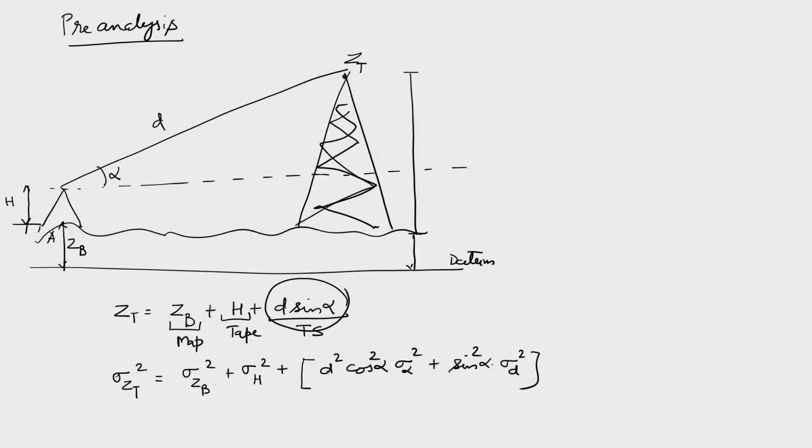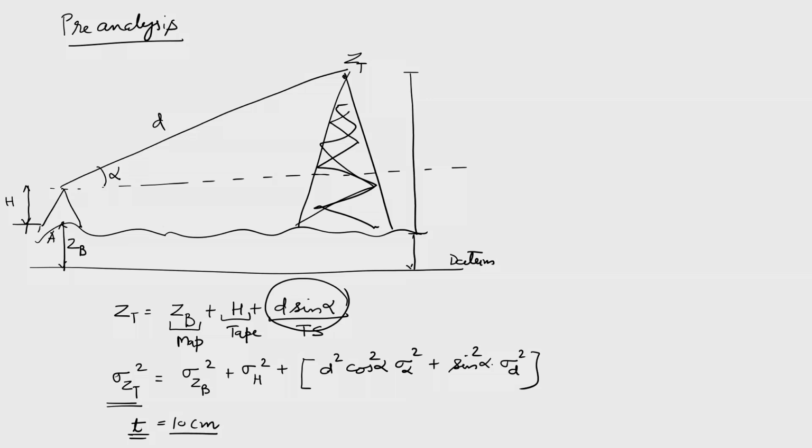Now you see three sources are contributing to the error propagating to the height of the tower with respect to some datum. Now a client comes to you and says that I want to measure the height of the tower with respect to a datum, but this height error should be within some limit, let us say a threshold T, here, let us say it is 10 centimeter or 5 centimeter, whatever.